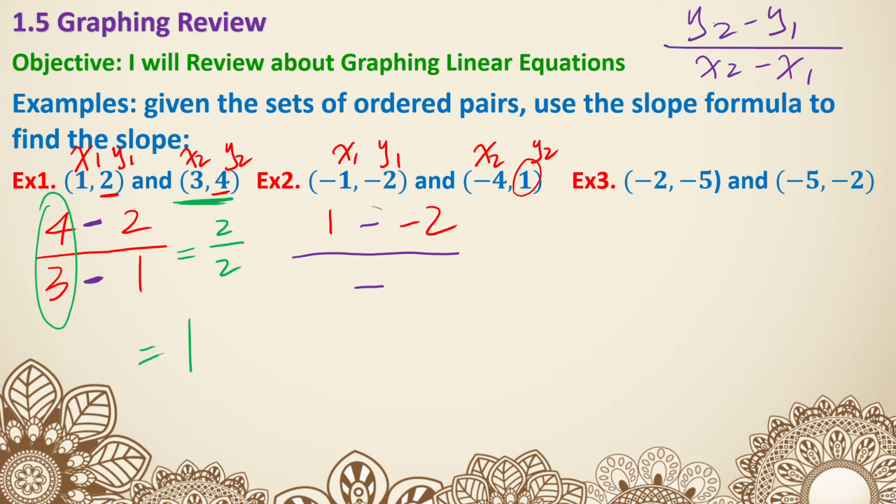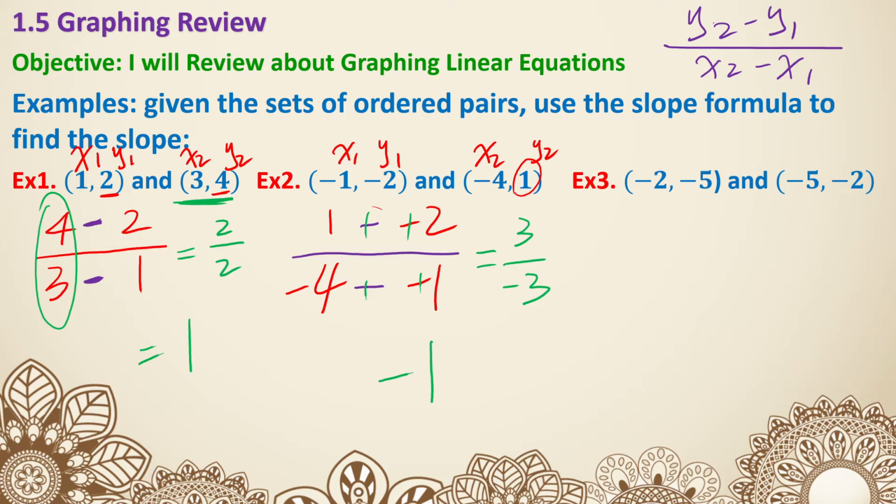You see, the negative sign has nothing to do with the negative sign inside the number. Bottom, negative 4 minus negative 1. Now we just need to simplify it. They both become positive, so it's a 3 on the top. They both become positive, so it's a negative 3 on the bottom. That simplifies to be a negative 1.